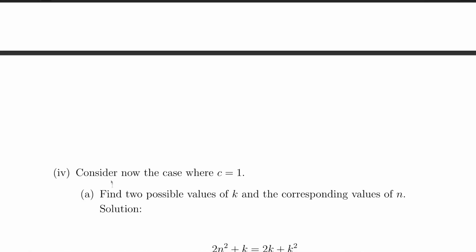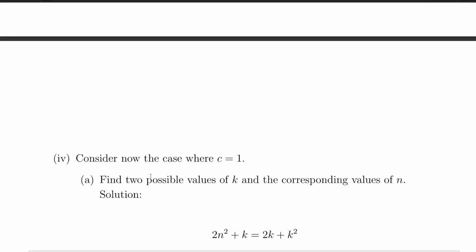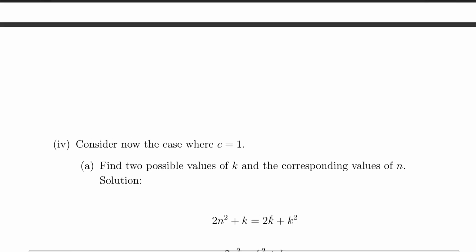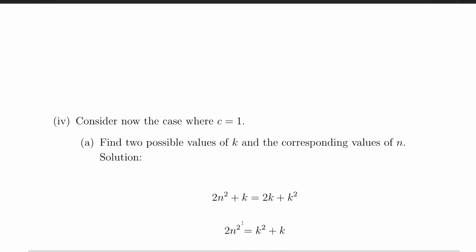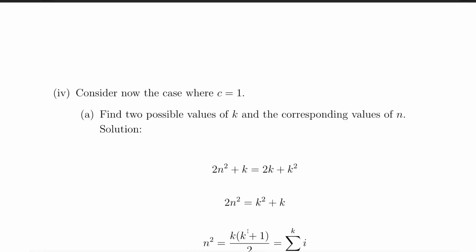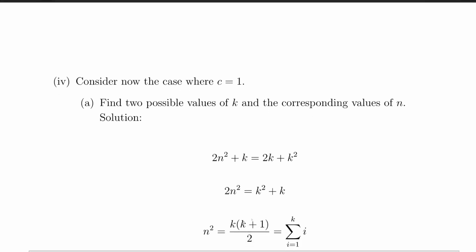The next case: consider the case where c is equal to 1 and find two possible values of k and the corresponding values of n. When you plug in c equals 1, you get something like this, which simplifies to this. And then I just solved for n squared, and I noticed that it's the same as the formula for the first consecutive k integers, but to be honest, you don't really need to mention that.